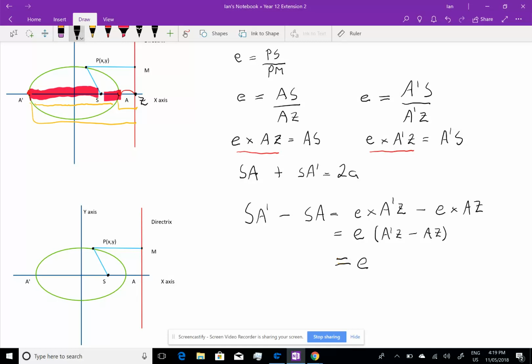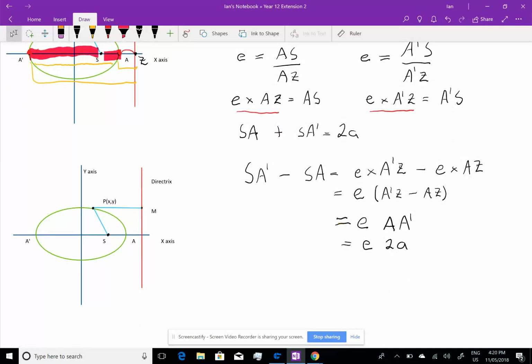E equals A to A dash, which is, we already said, 2A. The distance from there to there. So SA dash minus SA equals that.